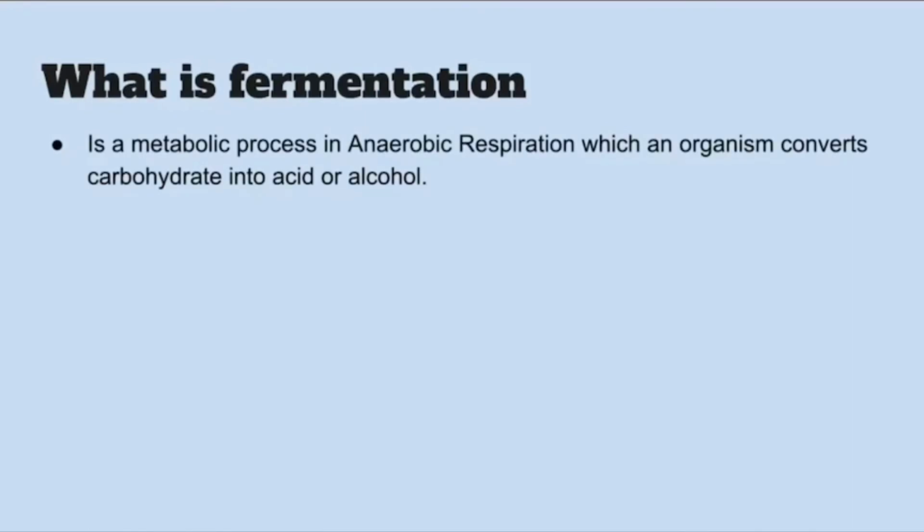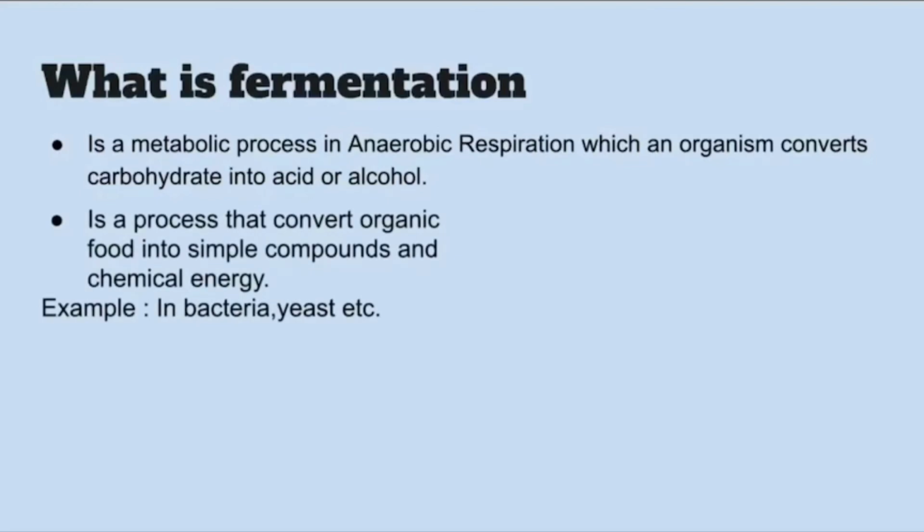Next is anaerobic respiration. What is fermentation? It's a metabolic process in anaerobic respiration in which an organism will convert carbohydrate into acid or alcohol. Or it is a process that converts organic food into simple compounds and chemical energy, for example, in bacteria or yeast.